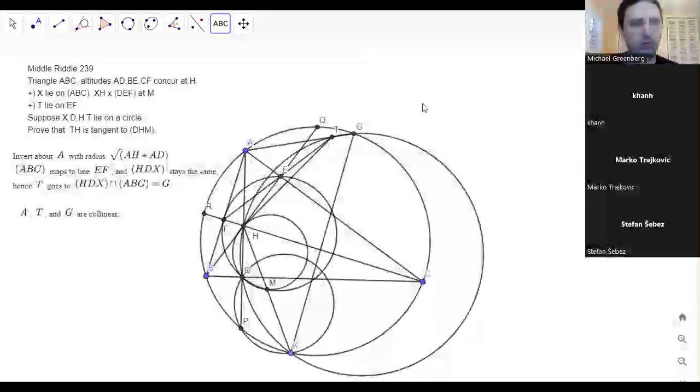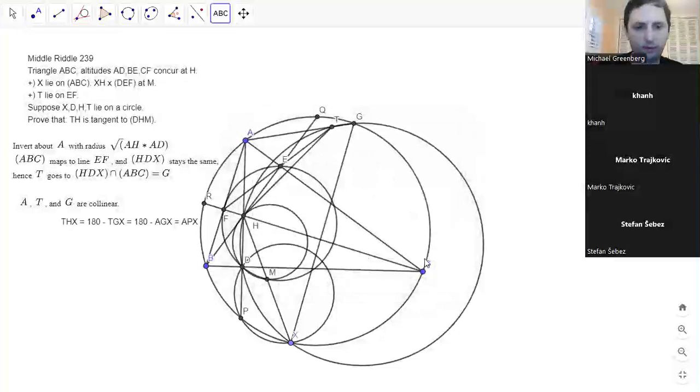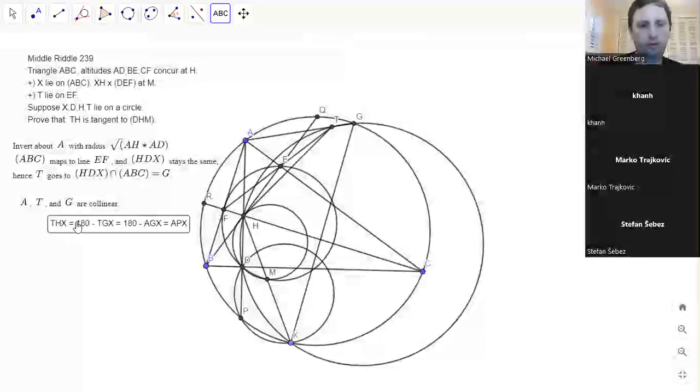So THX equals APX, which is HPX, which is HDM.